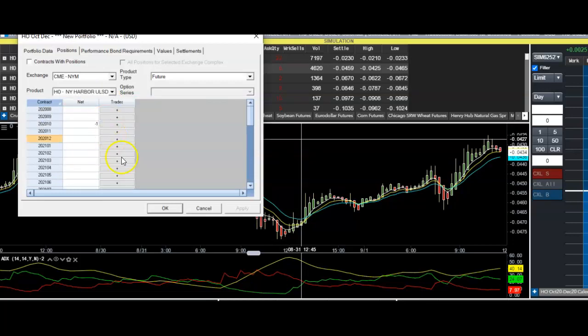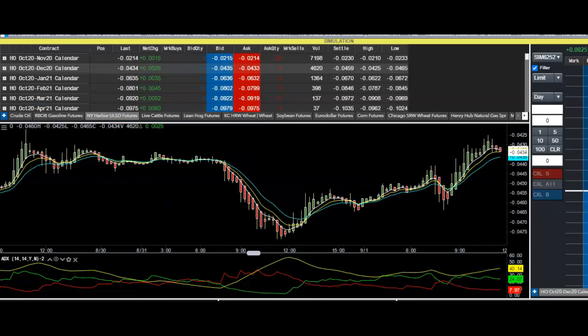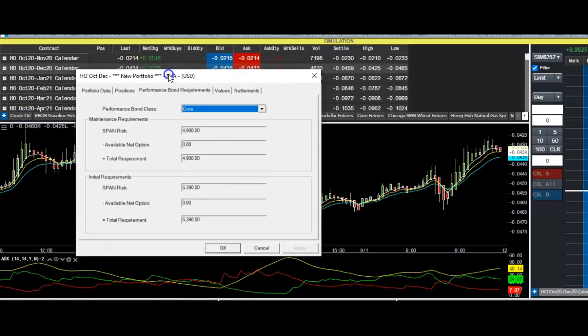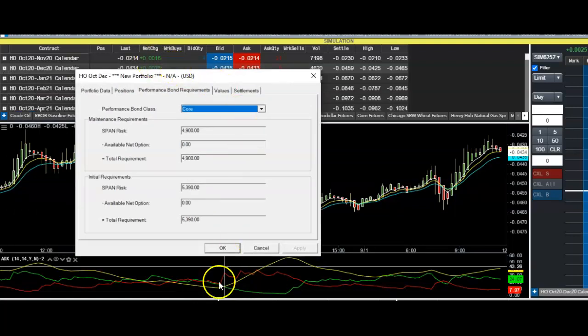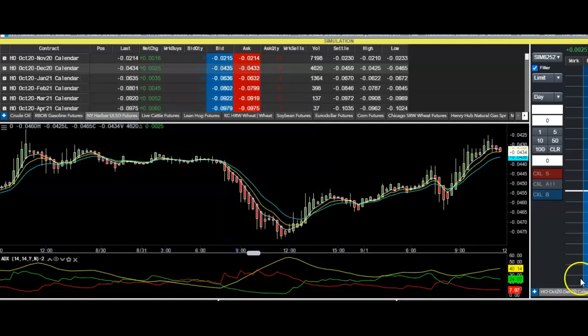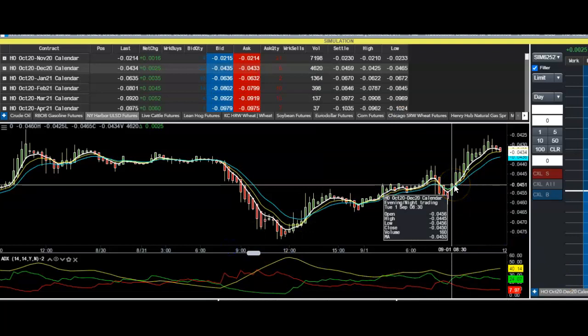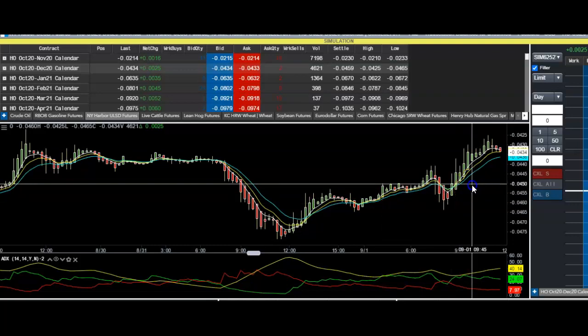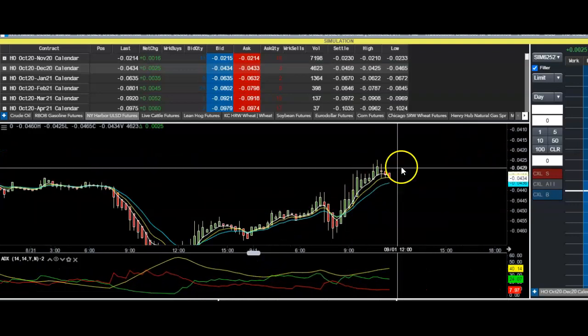Let's just remove that one and calculate this up and sum it up. That's it. So you have a serious margin discount, okay? Let's hit OK and get rid of that. So look at that. You spend $5,300 to trade heating oil, or you spend $900 and some change to trade a spread.